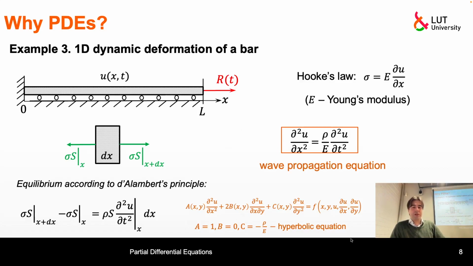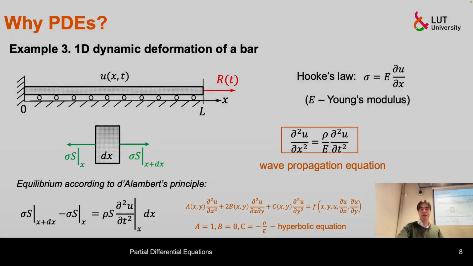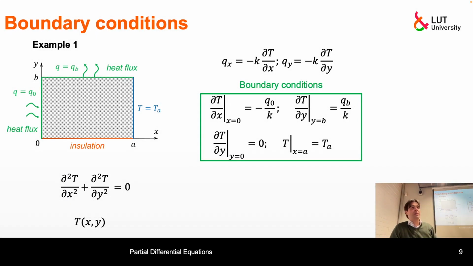And looking at our classification, we conclude that it's a hyperbolic equation, this third type. And they're different, as I mentioned, because we will need different types of boundary and initial conditions, at least, but also sometimes different methods are used.